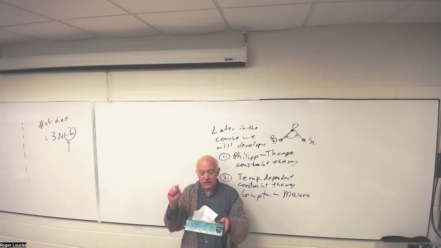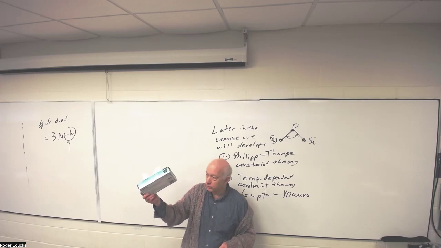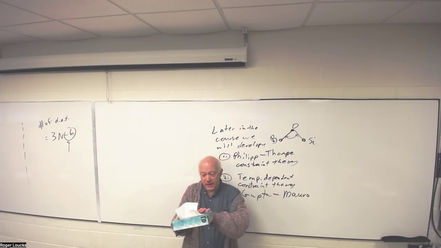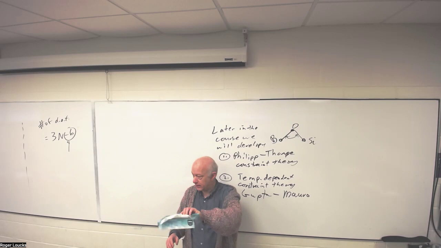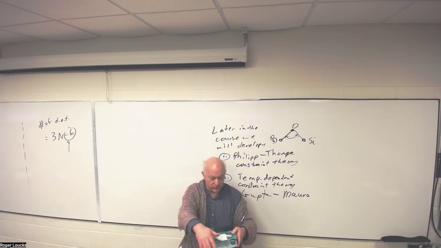If I have the degrees of freedom, it should be enough to specify exactly where this box is. Does it matter whether this box is here, here, here, or rotated like that? It doesn't. It doesn't matter if I just want to describe this box.